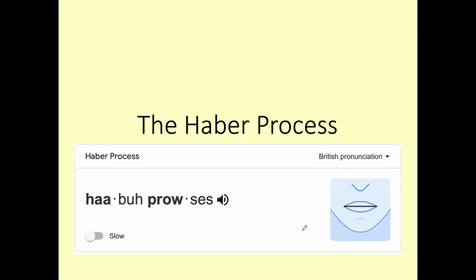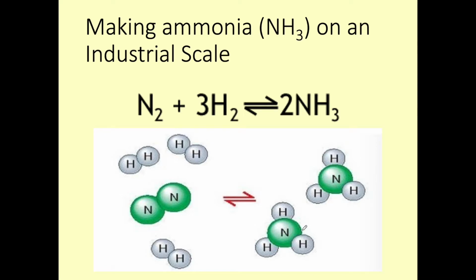So what we're looking at today is something called the Haber process. Sometimes you'll hear this pronounced one way, but the British pronunciation is different. The Haber process is a way in which we make ammonia on an industrial scale.